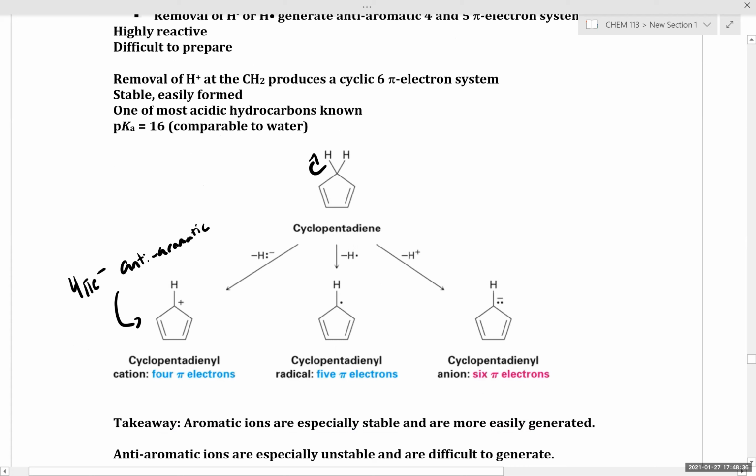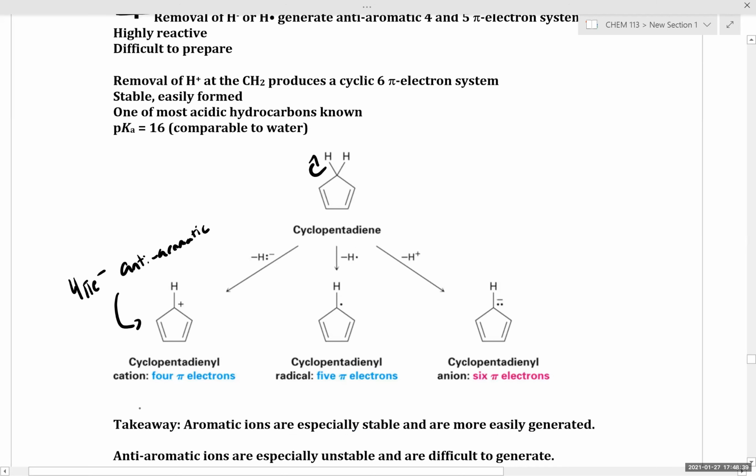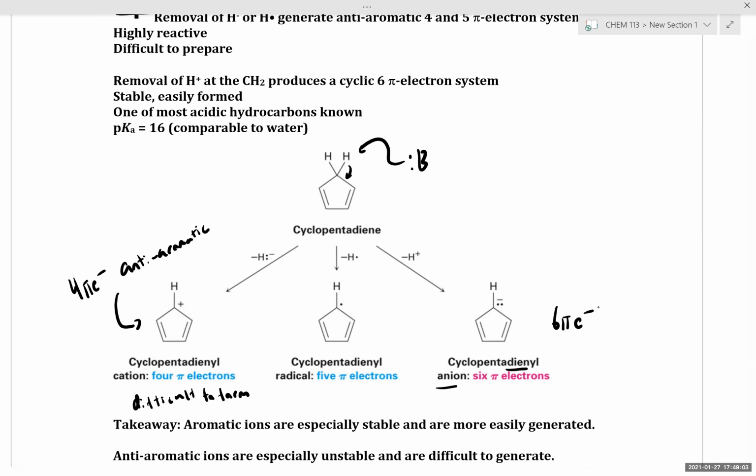As a result, the cyclopentadienyl cation is difficult to form. Conversely, if we remove a proton in the presence of base to make the cyclopentadienyl anion, which has 6 pi electrons, this process is very easy because when you remove your proton, you end up generating a very stable aromatic ion.